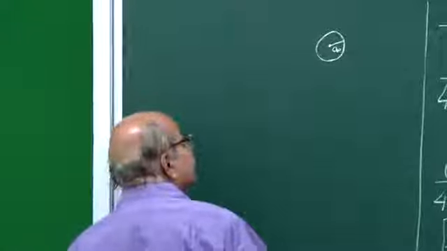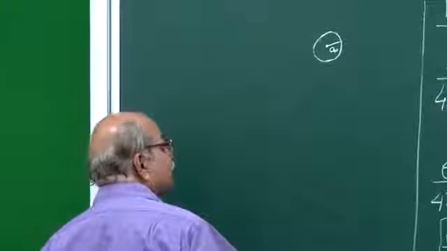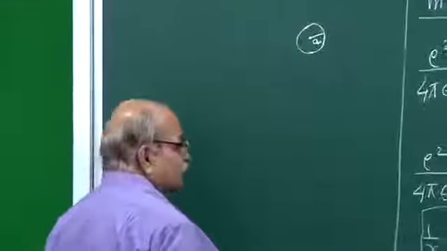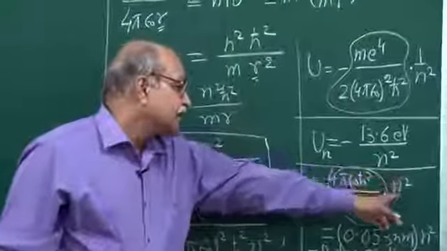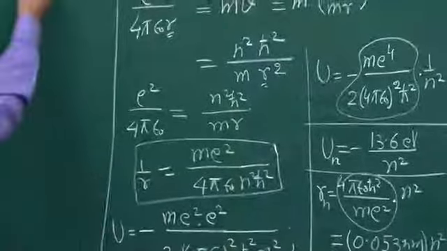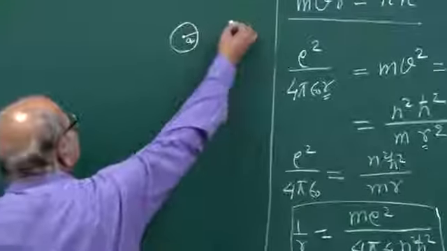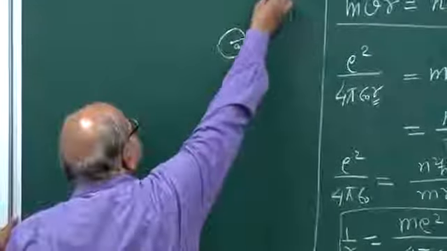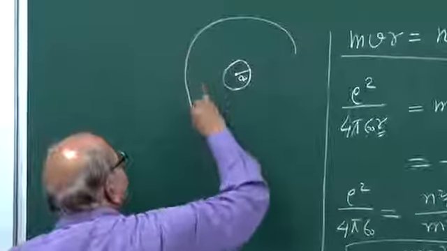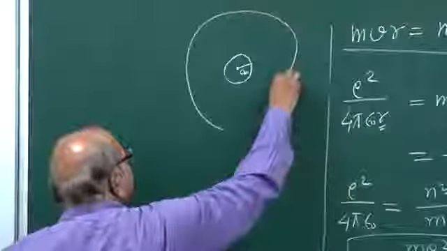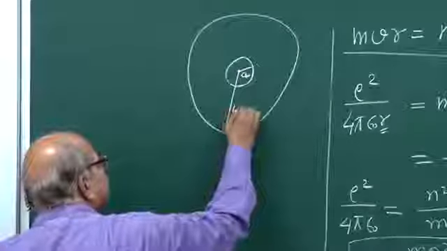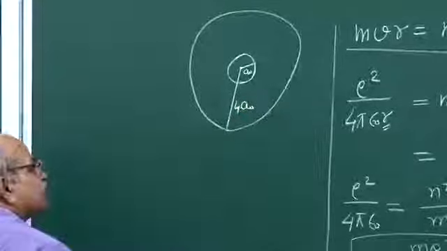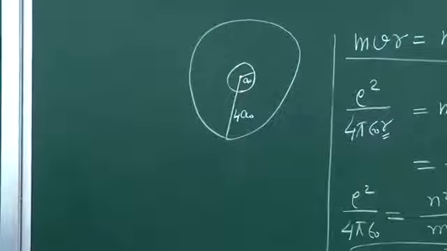Then the next stationary orbit is 4 times A0, because n equal to 2 and this is n square here. So the next orbit will have radius 4 times this, so something like this. Four times this, 4 A0, where A0 is 0.053 nanometers.